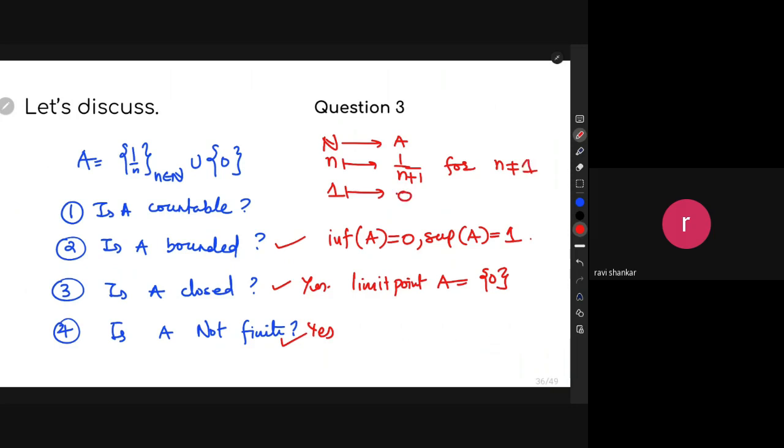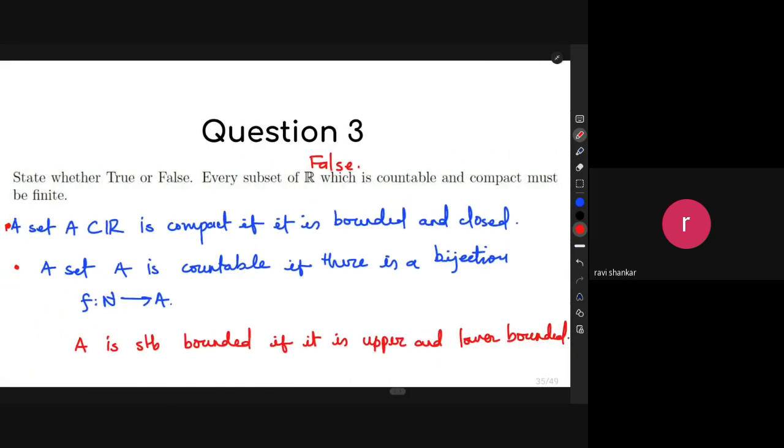This will be a one-to-one correspondence, a bijective map, so it is countable. It satisfies all four properties. So there exists a set which is countable and compact, but not finite. So this statement is false.